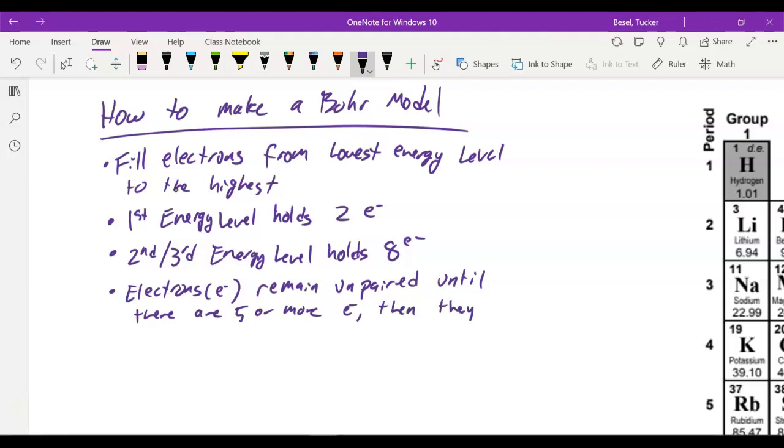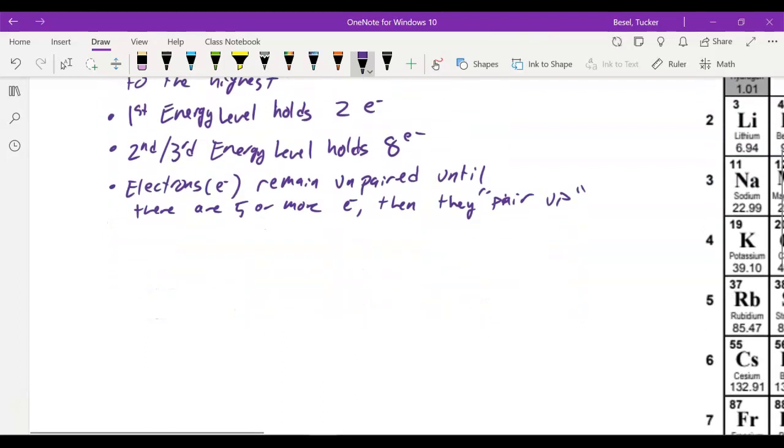Then they pair up. Okay, so let's see what that looks like.